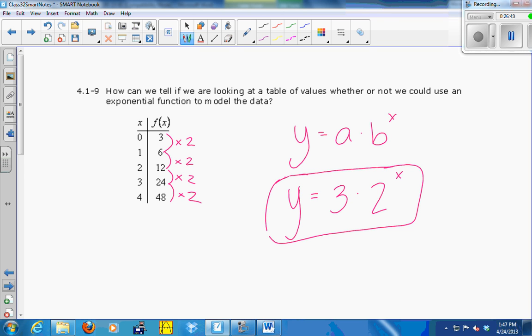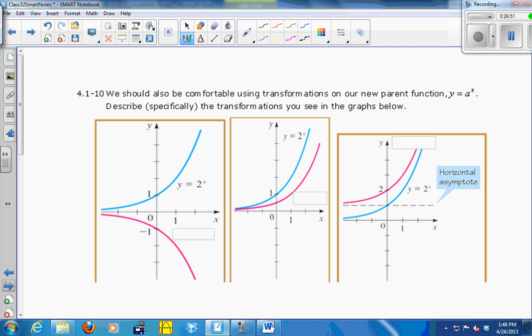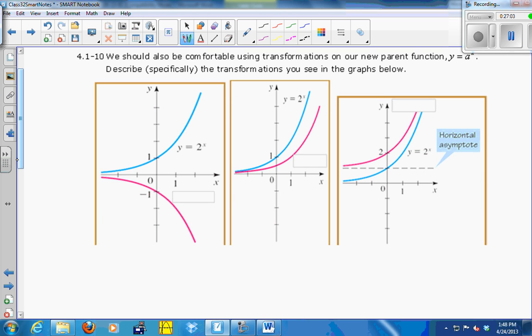All right, lastly, we have a new kind of parent function, y equals a to the x. 2 to the x or 3 to the x, we can treat those as parent functions and make transformations of them. So if my blue graph in each of these 3 pictures, the blue line represents y equals 2 to the x, and the pink line is some transformation of it.